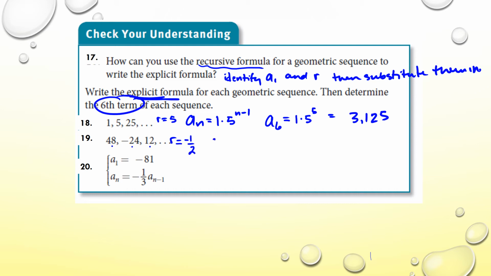-1/2. So a sub n is going to be the first term, 48, times -1/2 to the power of n minus 1. So the 6th term would be 48 times -1/2 to the power of 5.